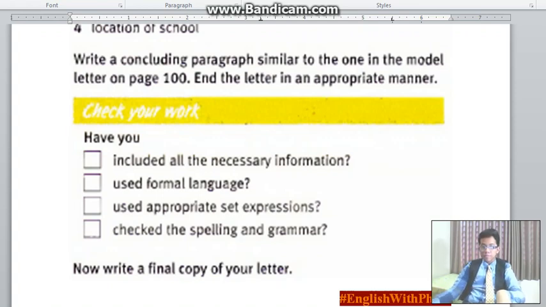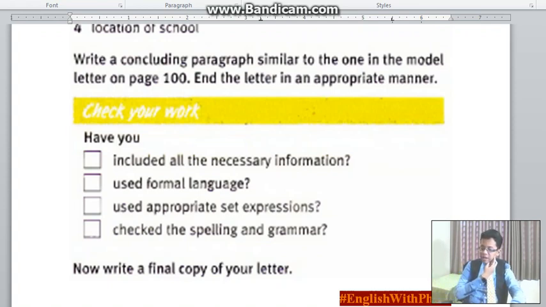And after you write the concluding paragraph, please remember to write Yours sincerely, okay? Because it is Dear with a name, that is Martha Kenyon. So with that, Yours sincerely.